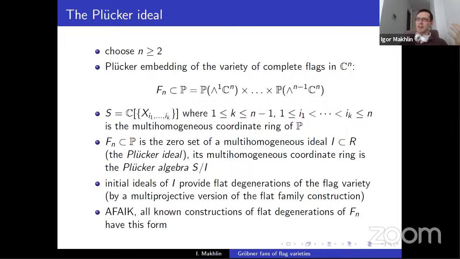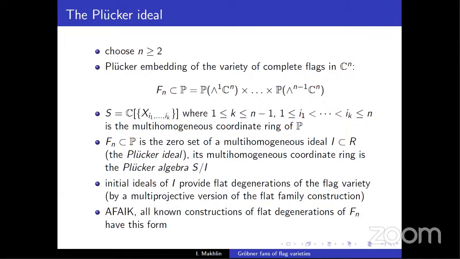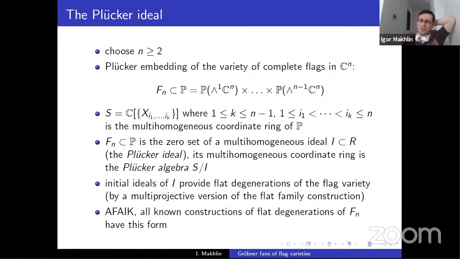Abstractly, I'm not aware of a theorem that would say that any flat degeneration of the flag variety necessarily comes from an initial ideal of the Plücker ideal. But we could speculate that there is some theorem of this form because, among the multitude of known constructions, sooner or later each and every one turns out to be given by an initial ideal of the Plücker ideal.